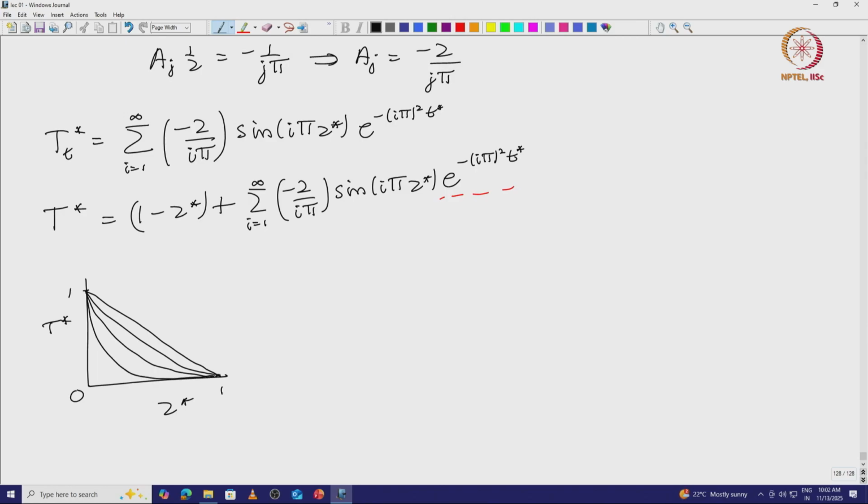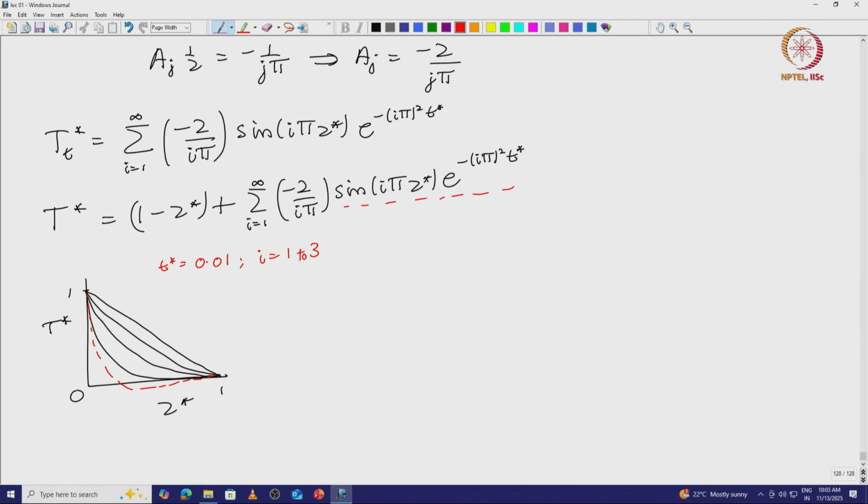However, if you include too few terms in this expansion, let us say at t star equal to 0.01 and include i equal to 1 to 3, for example, you will get a spurious solution that actually goes negative. And this is unphysical, and it goes negative because you have this sinusoidal term here.